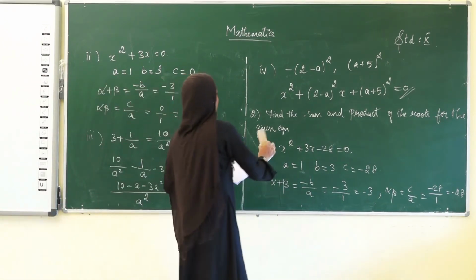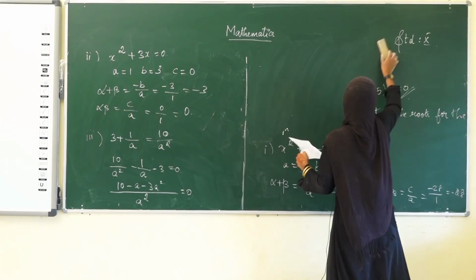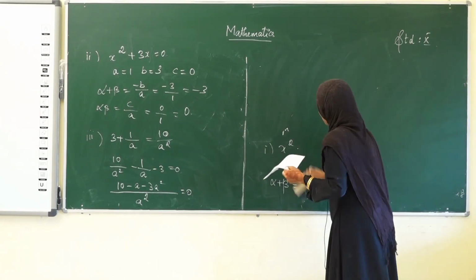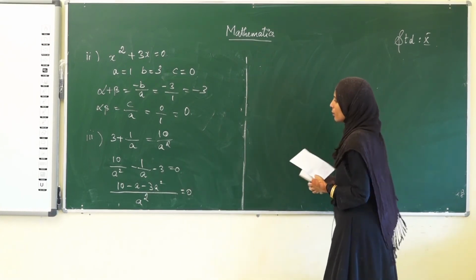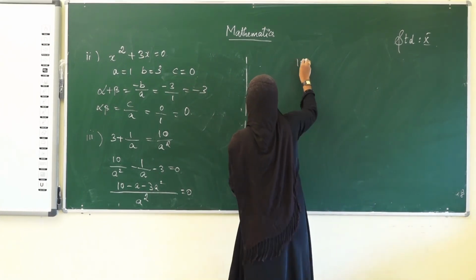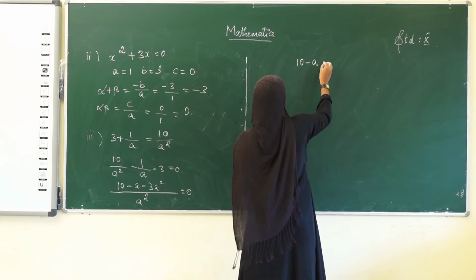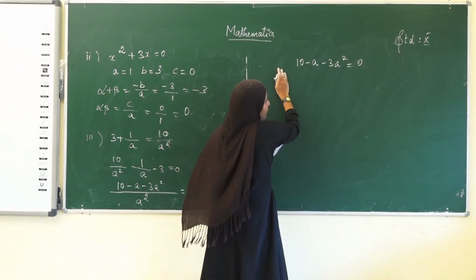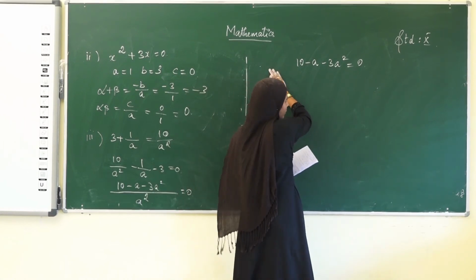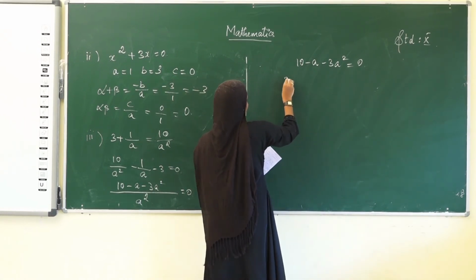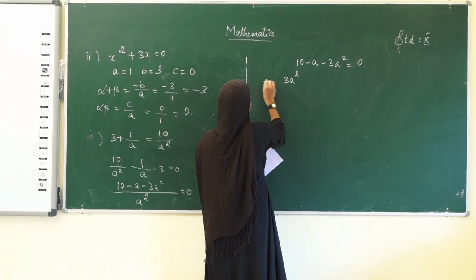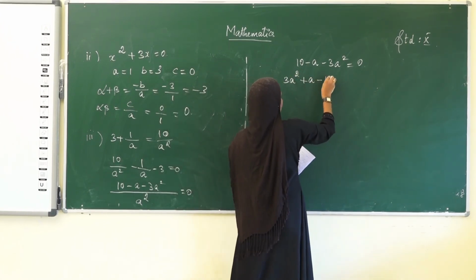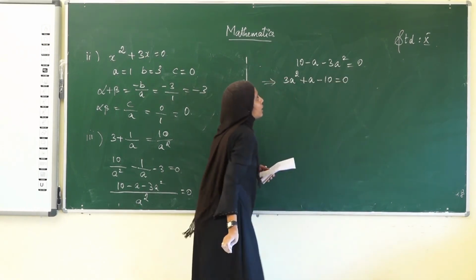Therefore, the remaining term will be 10 minus a minus 3a squared equal to 0. Multiplying both left hand side and right hand side by minus, what we get? 3a squared plus a minus 10 equal to 0.